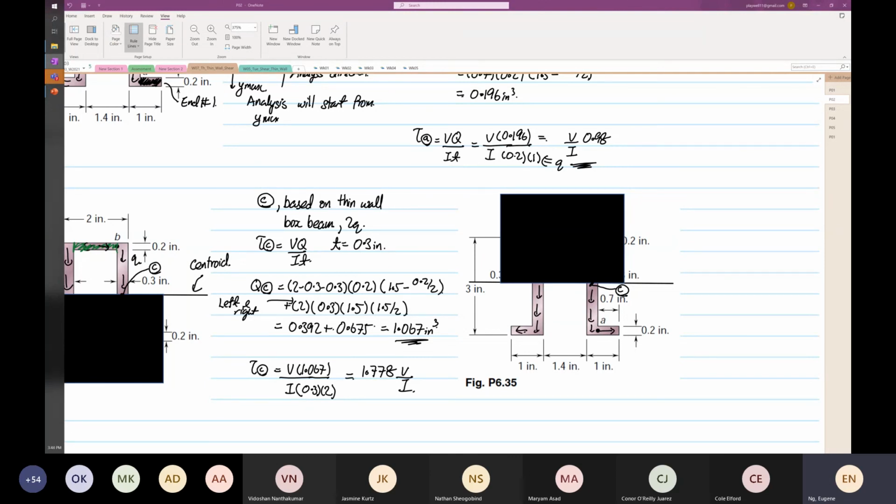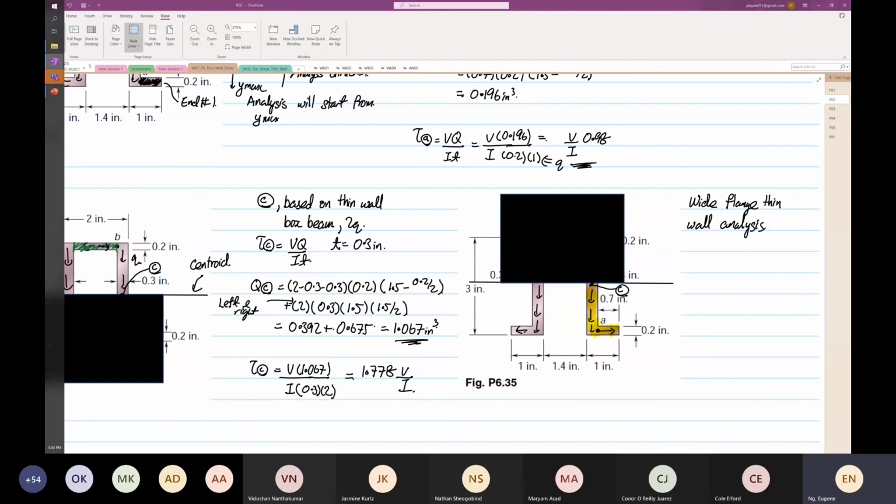So now, as we already know, this is a wide flange, right? Wide flange thin wall analysis. The only area that we need to consider is this area, the one I shaded.